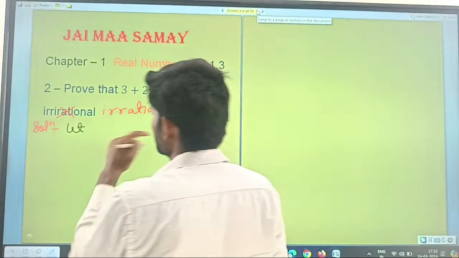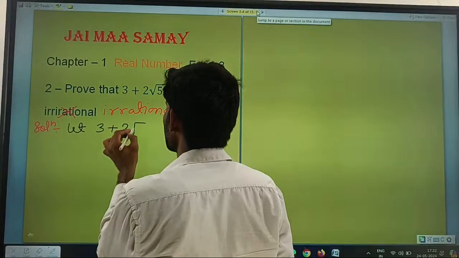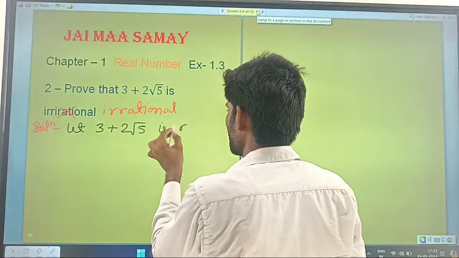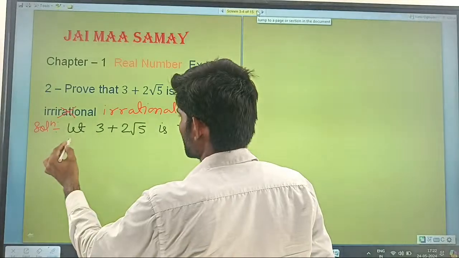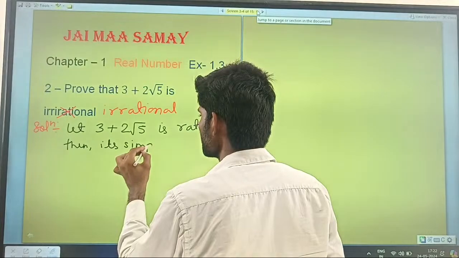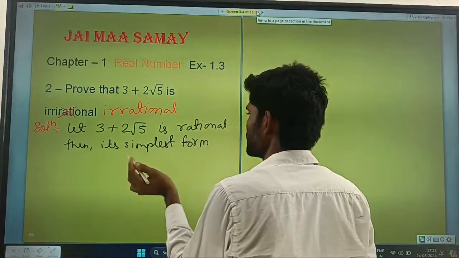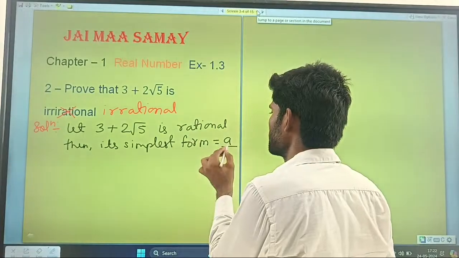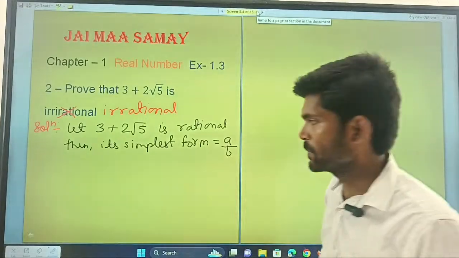So suppose 3 plus 2 under root 5 is rational, and its simplest form is a upon b. Clear?